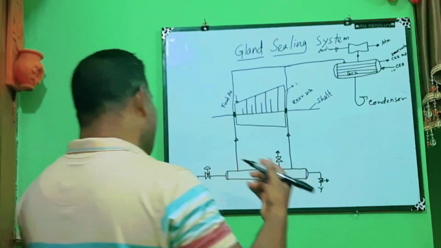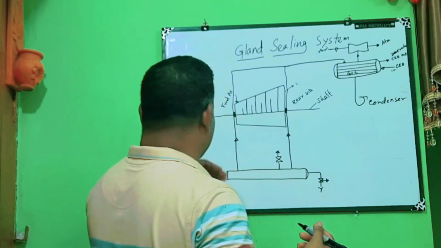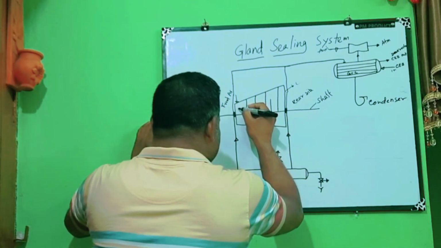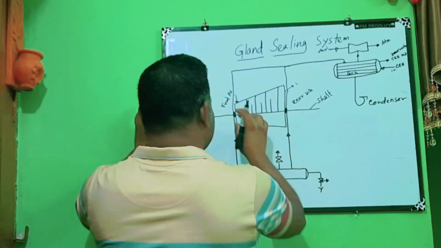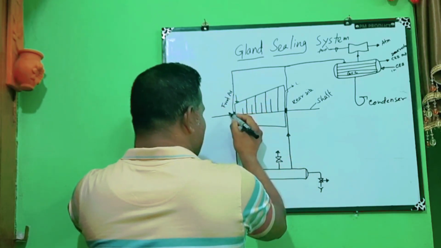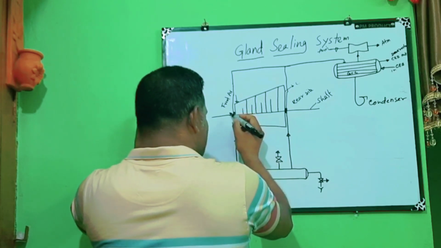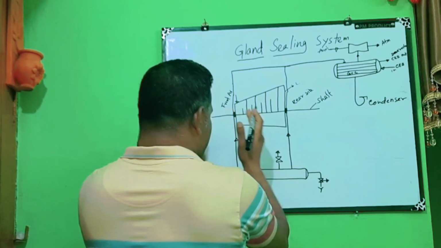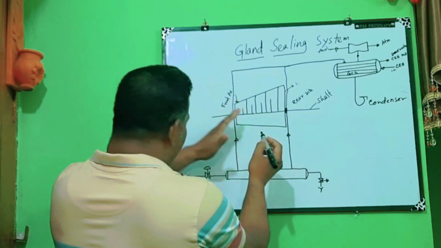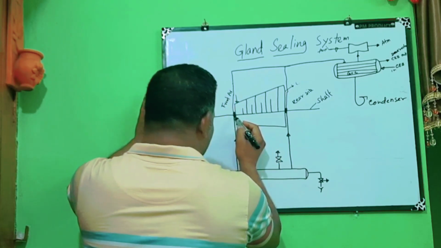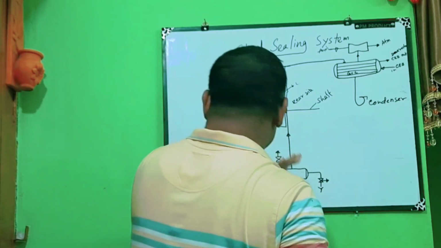But when the turbine starts up, high pressure steam will come to the front side. After coming to the front side, this side is high pressure, and that side is low pressure, atmospheric pressure. Due to this pressure difference, this steam will try to go to the outside. That's why gland sealing is provided.